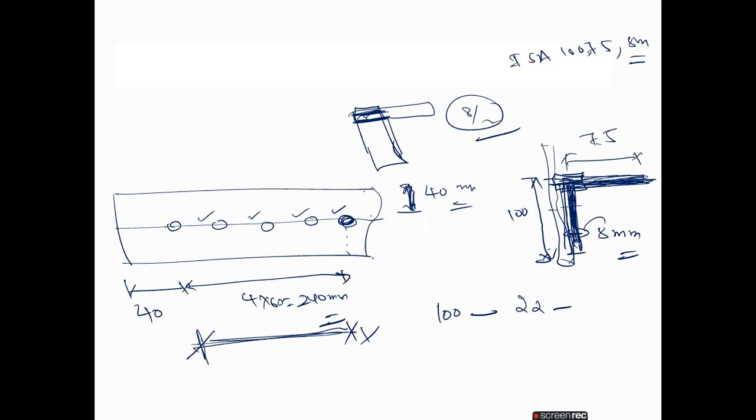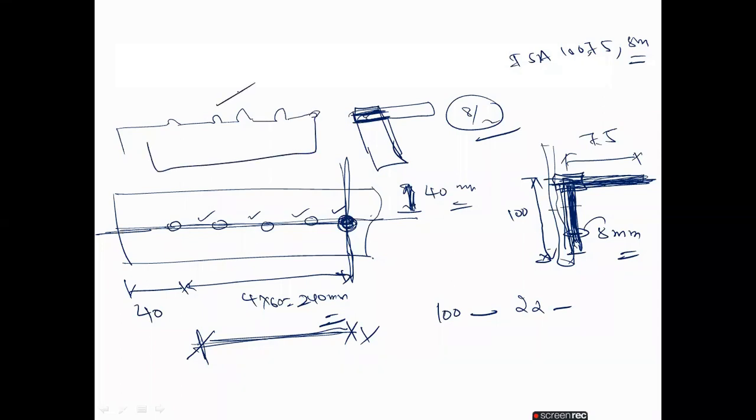So now you see the shear will happen along the horizontal direction, and tension will happen in the vertical direction, only through the single bolt. The shear will happen like this.